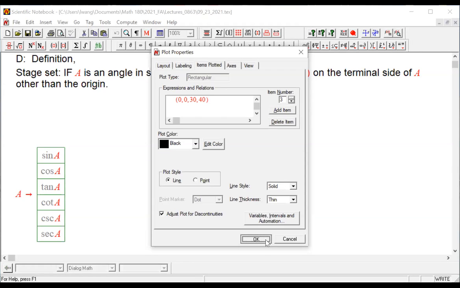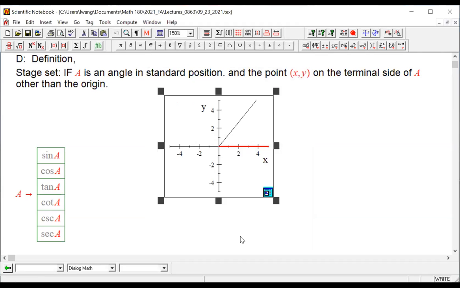This is my terminal, however you measure it. Remember, we spent a lot of time on angles. It could be counterclockwise, clockwise, or going around, any way you measure your angle, you end up on this terminal.